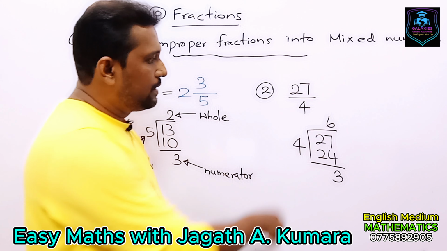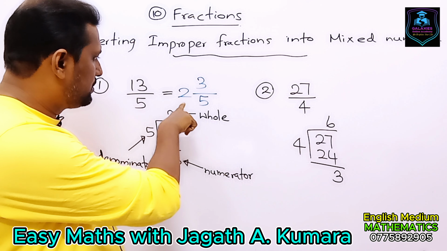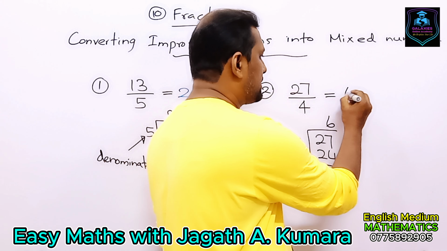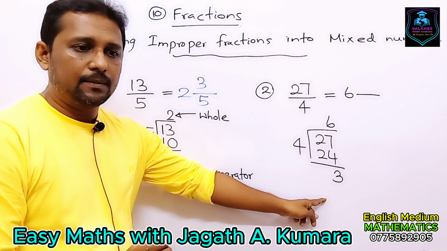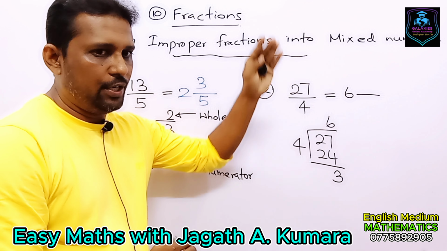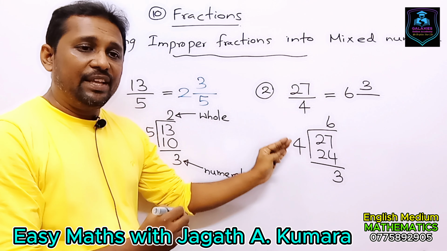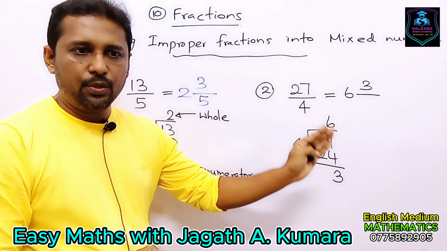Where do you write the answer? Whole number. So the whole number is 6. This remainder value is 3. 3 is the numerator. This divisor is 4. 4 is the denominator.